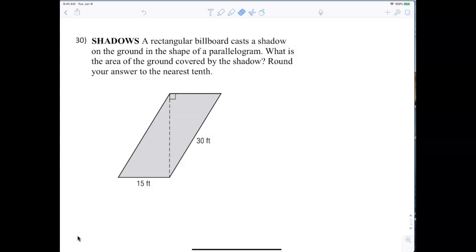So if this is 30, this already is what? 15. So this relationship is what? Half. So it's safe to say if the opposite leg is half the hypotenuse, it's creating a what? 30, 60, 90 triangle. So she is correct. It is 15 radical 3.